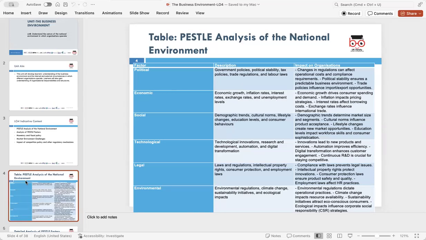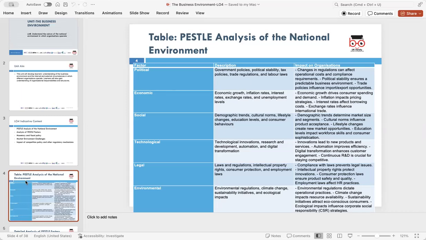For example, changes in tax policies can affect profitability, while new trade regulations can open up or restrict international trade opportunities. Political stability ensures a predictable environment for businesses, fostering confidence for long term planning and investment.